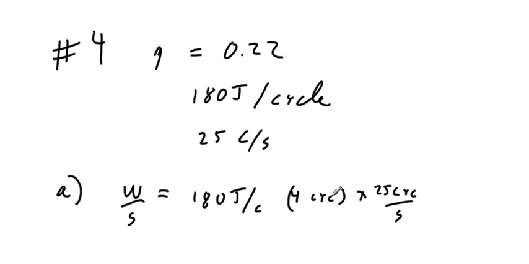Cylinders and cycles have the same abbreviation. Anyway, we end up with 1.8 times 10 to the 4th joules per second, which is going to be the work done per second.